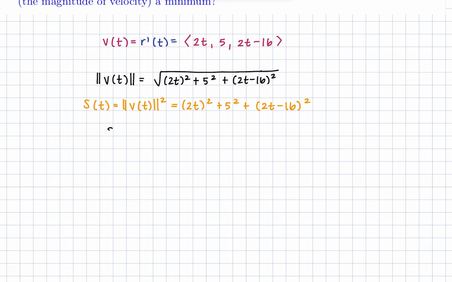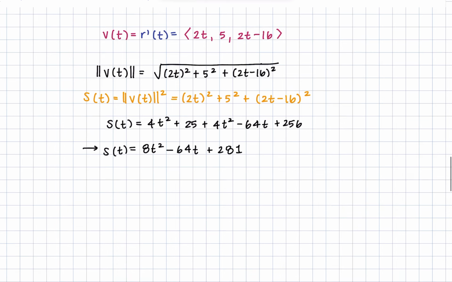Simplifying this, I should get s of t equals 4t squared plus 25 plus 4t squared minus 64t plus 256. Okay, and I can simplify this further to get s of t equals 8t squared minus 64t plus 281.